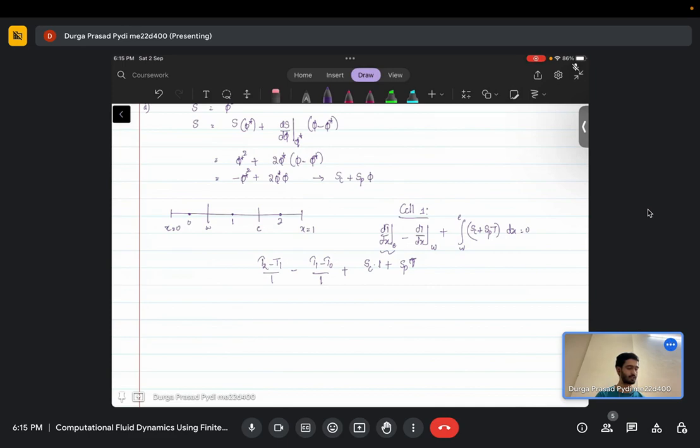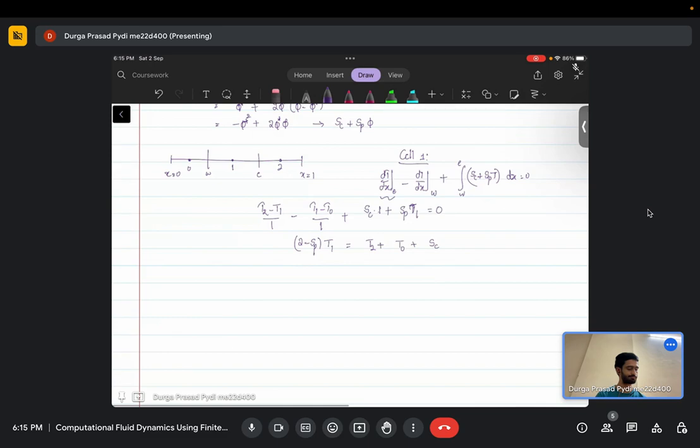Our cell is, we are writing the equation for cell 1, so that will be SP times T1 equals 0. If you just group the terms, T1 will have 2 minus SP, T2 we don't have anything, T0 we don't have any terms, and then we have an SC term.